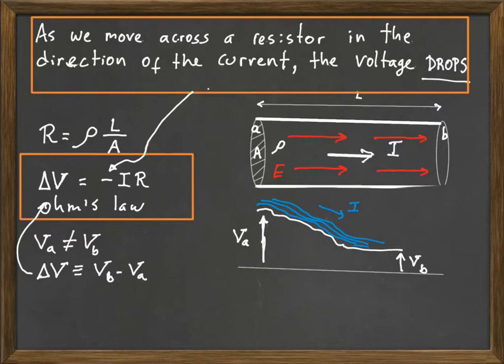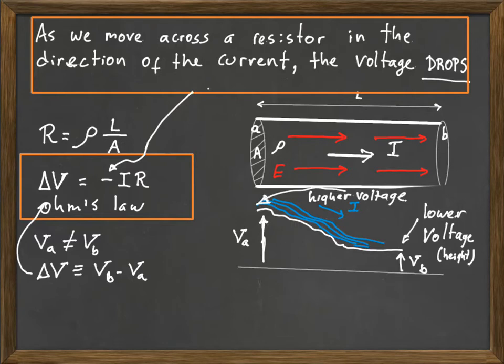So that current, as a river, flows from points with high potential towards points of low potential. So as we move across a resistor in the direction of the current flow, we must be going downhill. We must be going towards lower values of electric potential.